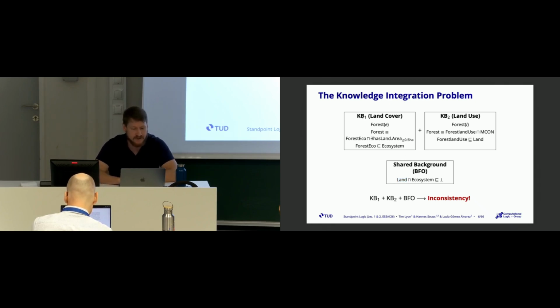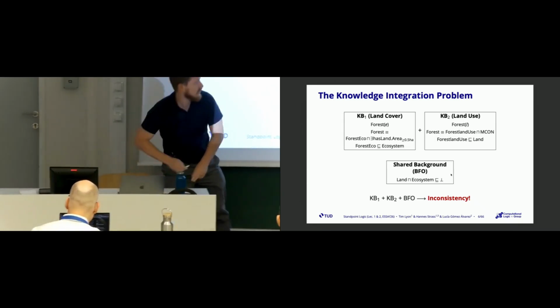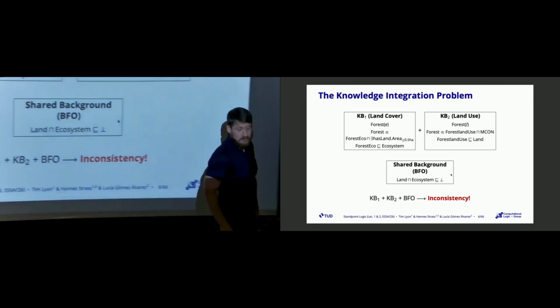Now, I'm going to assume that KB1 has this implication associated with it and KB2 as well. And we can see that if we try to force a merge between these different knowledge bases, a contradiction arises. And I can sketch up the proof of this on the board.